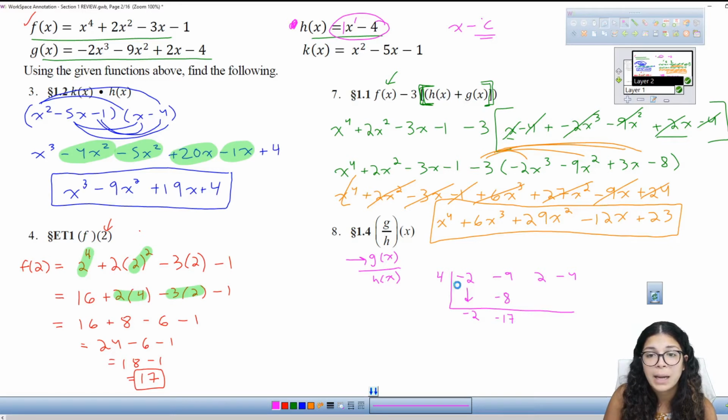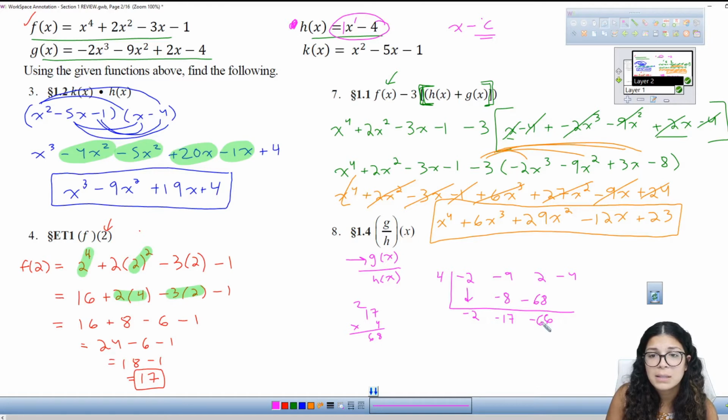Then we multiply 4 times negative 17, which I'll do here on the side. 4 times 7 is 28. 4 times 1 is 4, plus 2 is 6. So that's negative 68. And then we add vertically, so that's negative 66.